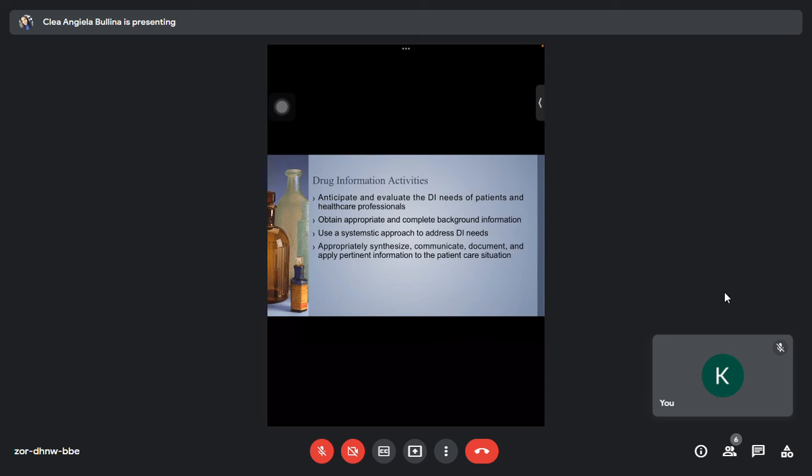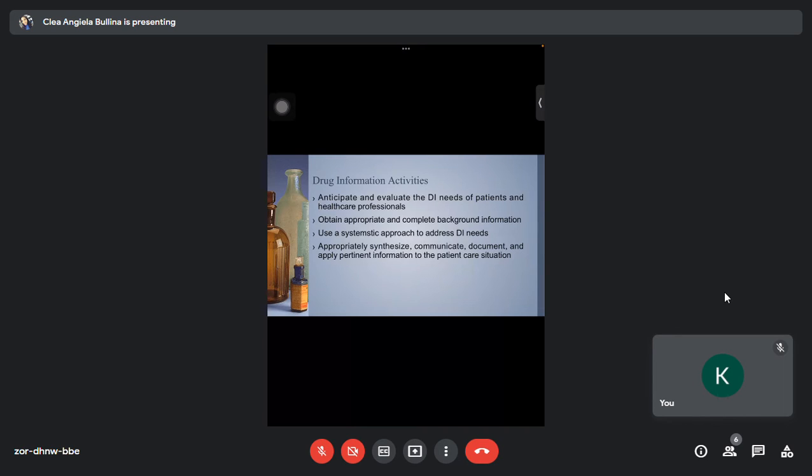Okay, so what are the different drug information activities? To be an effective provider of drug information as a pharmacist, you must exercise excellent oral and written communication skills and should be able to anticipate and evaluate the drug information needs of patients and healthcare professionals.